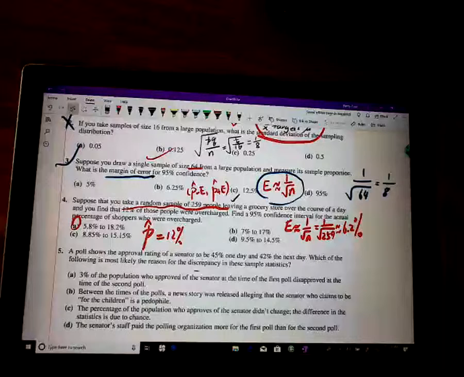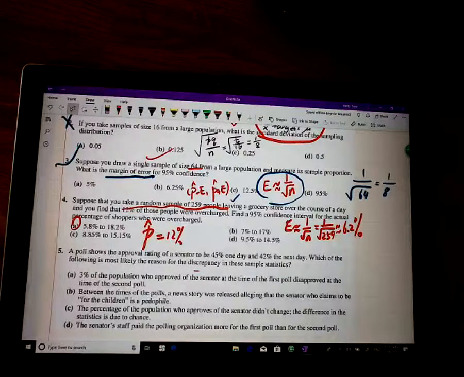People leaving a grocery store over the course of a day, and you find that 12% of those people were overcharged. That's horrible. Find a 95% confidence interval for the actual percentage of shoppers who were overcharged. So we are looking for the confidence interval.